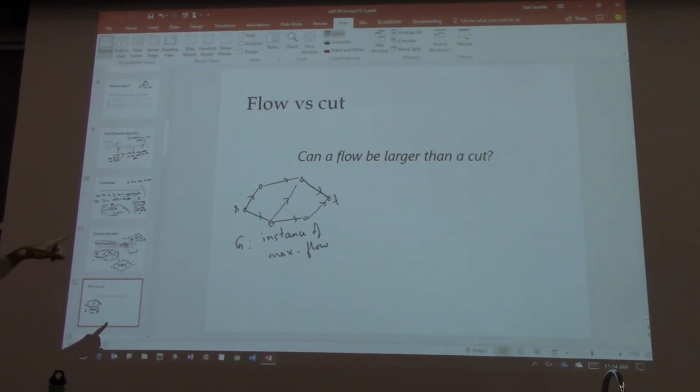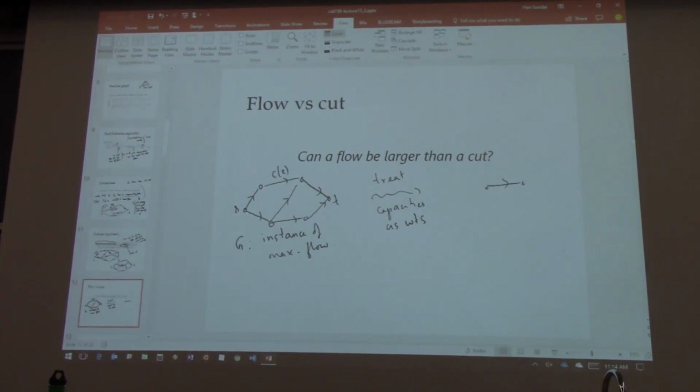Now suppose I just treat capacities as weights, and come up with a min cut instance. So I say, this is now the weight.